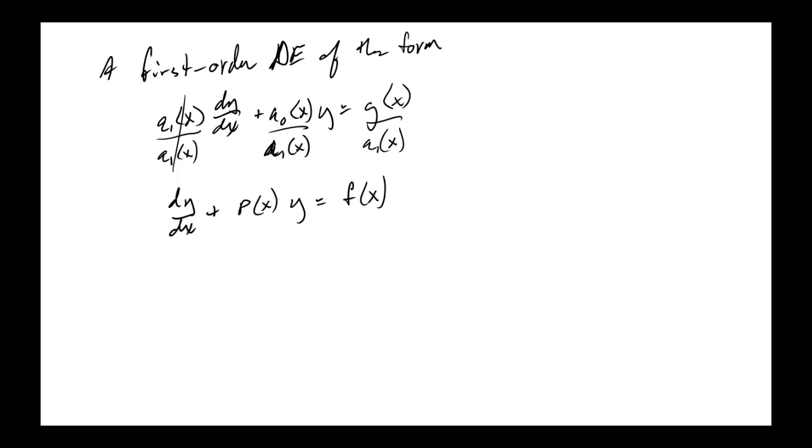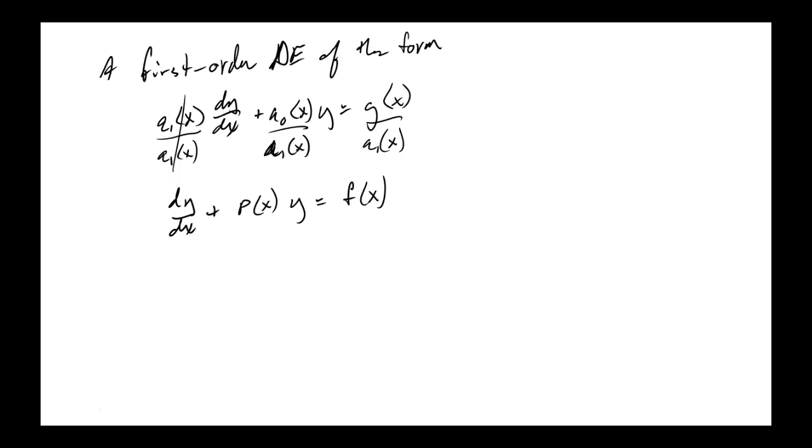So if p of x was a rational function, anytime the denominator became 0 you'd have problems, because it probably wouldn't be continuous. And f, of course, also has to be continuous.